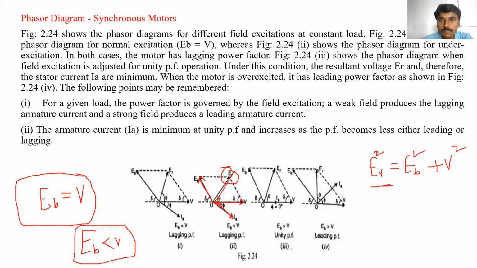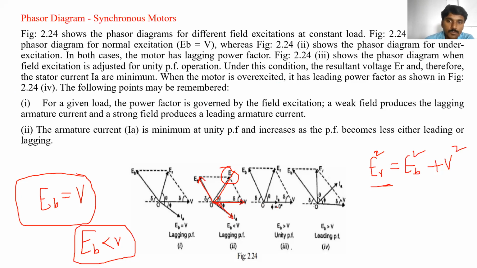Next, the phasor diagram when the field excitation is adjusted for a unity power factor. We are going to adjust the field supply in order to get the unity power factor.